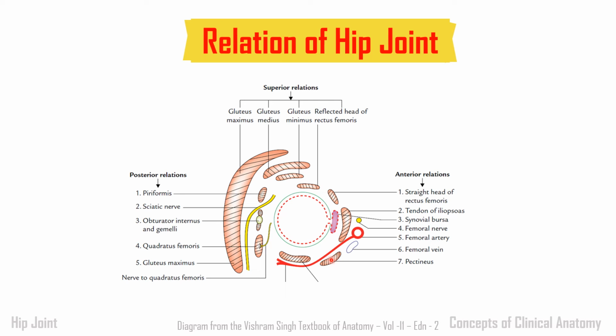So these are the anterior relations. Coming to the inferior, inferiorly we have the obturator externus, and here the medial circumflex femoral artery is running. Hope this makes the diagram a bit simpler and easier for you to remember and understand the orientation of it.